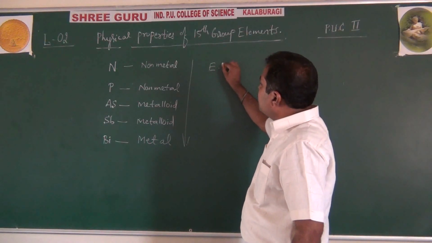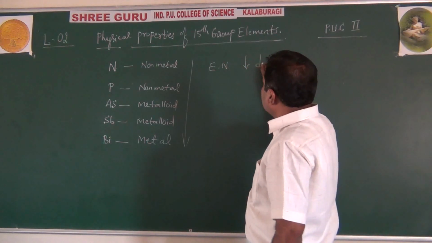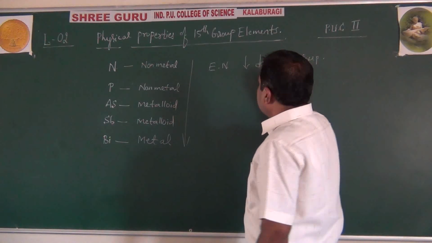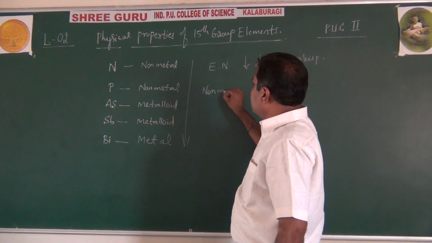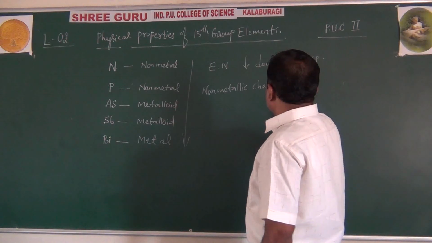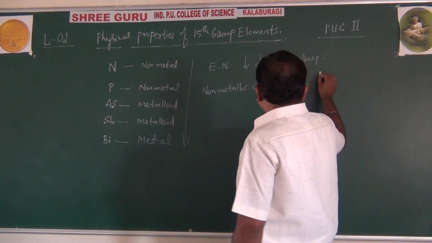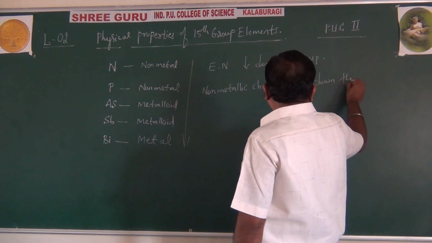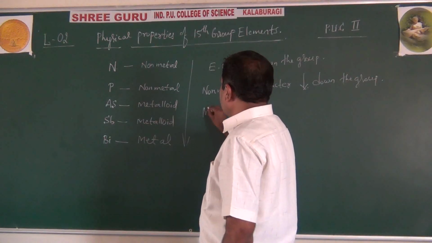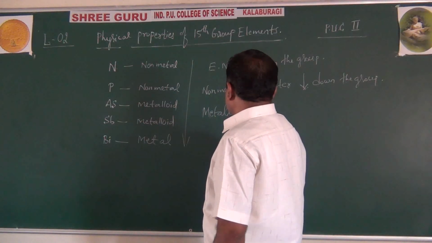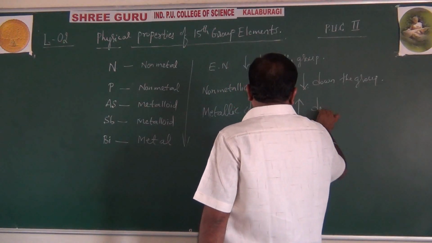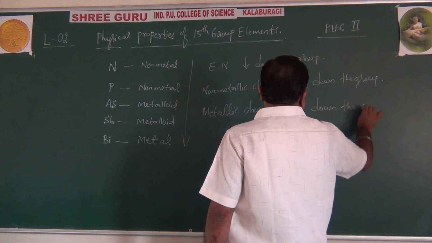Right? That means electronegativity decreases down the group. That's why non-metallic character decreases down the group. Next, metallic character increases down the group.